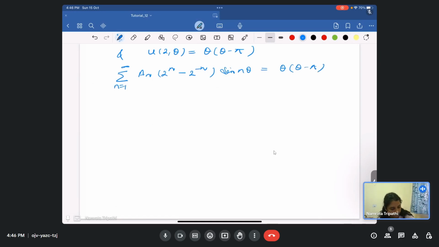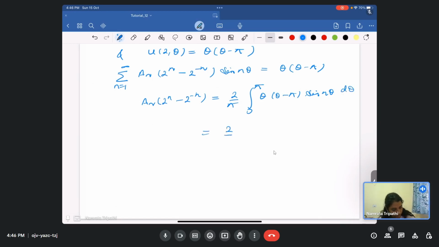So from here, the value of the constant coefficient is the integral of θ(θ minus π) into sin nθ dθ.